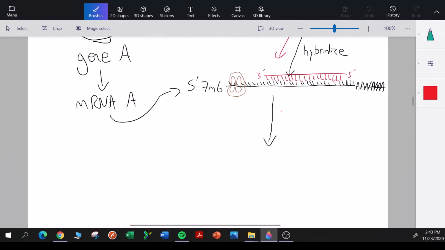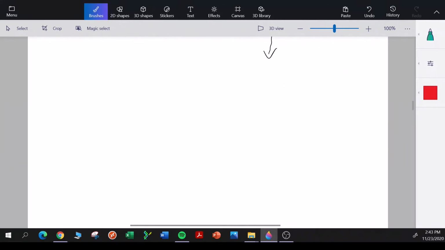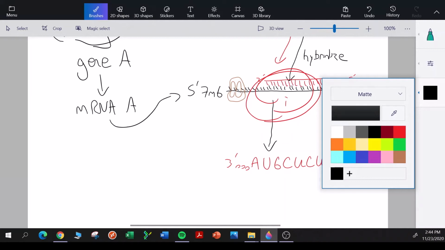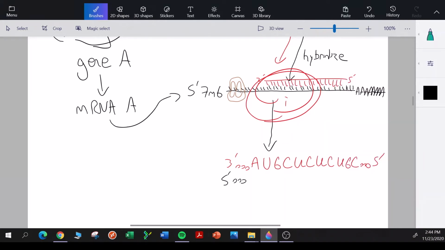This worked. And one thing I want to focus in on just briefly, just to make sure everyone is on the same page: if we were to zoom in at this little area right here, what would we see? Well, I'm going to make up a sequence here for the antisense RNA, with a 3' end and a 5' end, and it would complement part of the messenger RNA.